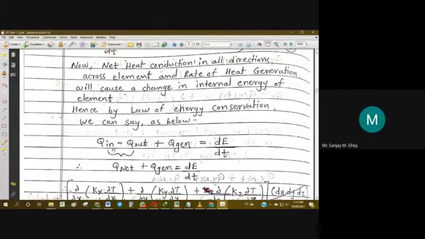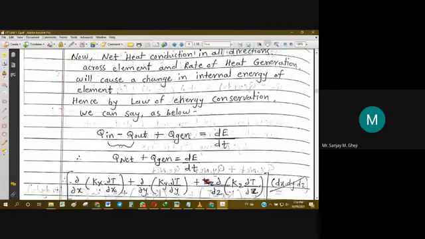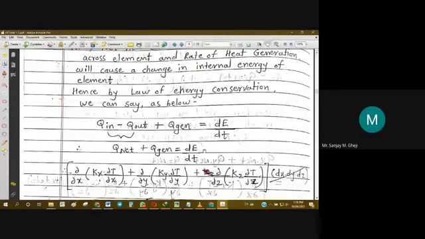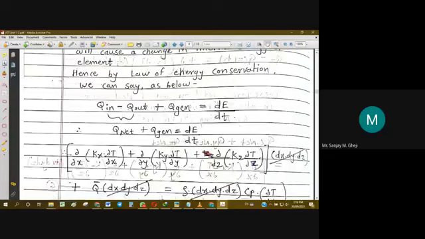Some heat is incoming and some is outgoing, so we have taken the difference, that is the net amount, plus some heat is being generated inside the element, and both will cause the change in internal energy of the element. So this is Q net plus Q generation equal to dE by dt.